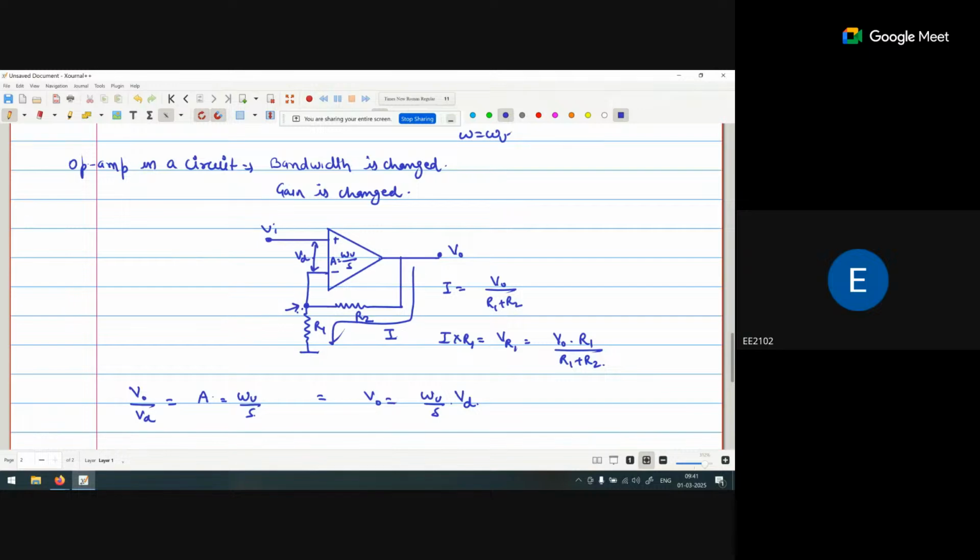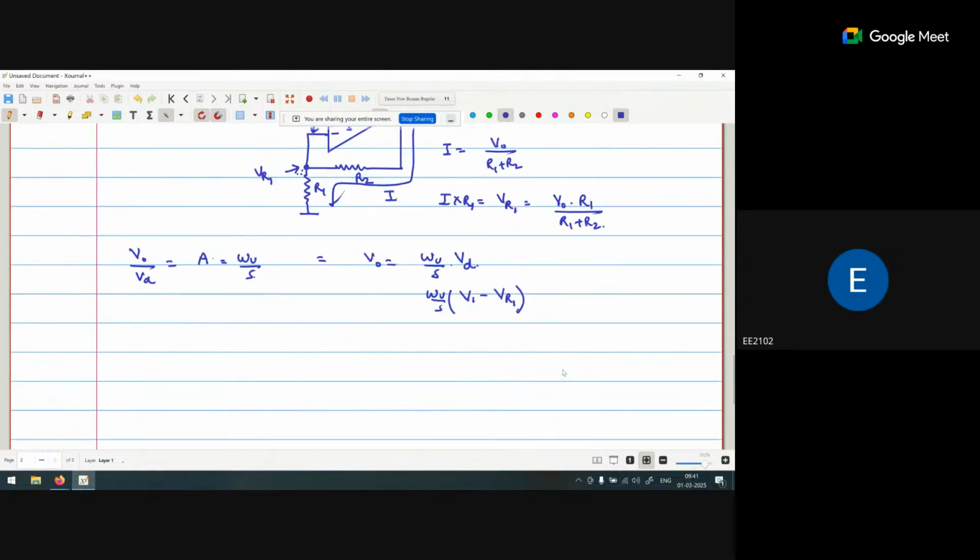What is Vd? Vd is the difference between these two voltages. We already calculated the voltage VR1. So Vd is nothing but V1 minus VR1, that is V naught R1 upon R1 plus R2. So V naught is equal to omega u by s times V1 minus V naught R1 upon R1 plus R2.